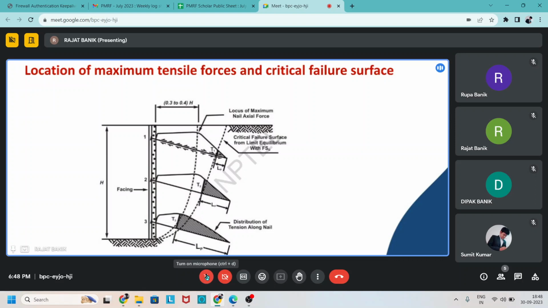That means this area is most important to resist the soil nail, and most of our design of the soil nail is for this resistance zone only, because this active zone is already failed. There is no need to design the nail for this active zone. We need to design for the resistance zone, because if soil resists the nail, then only the wall stays, or we can say the slope is stable.